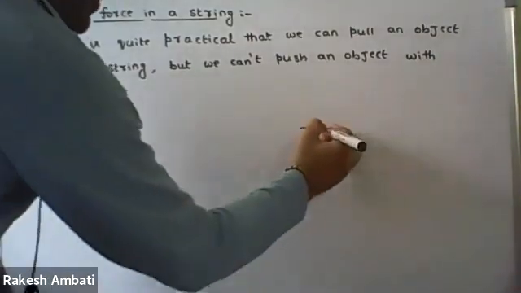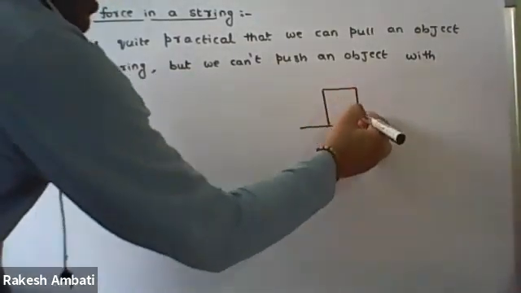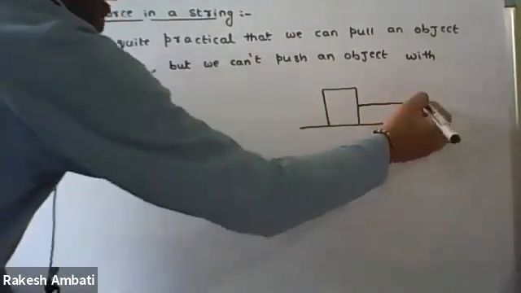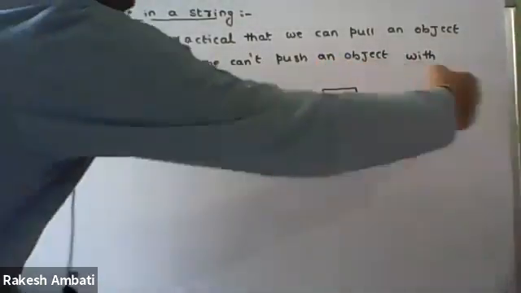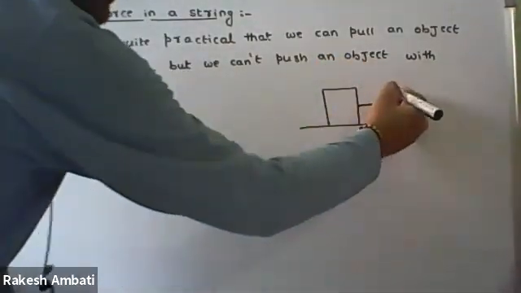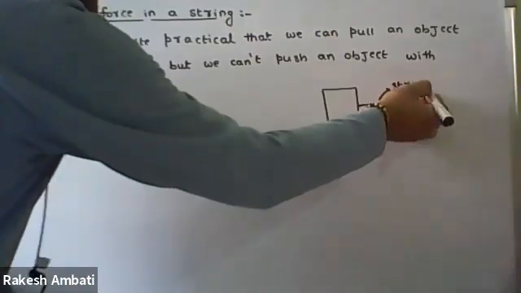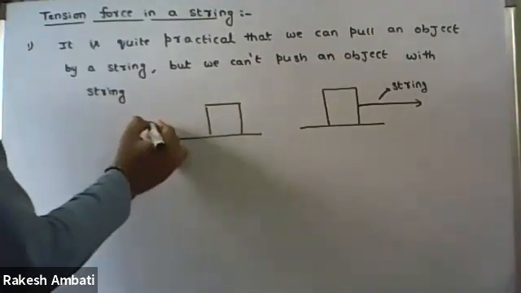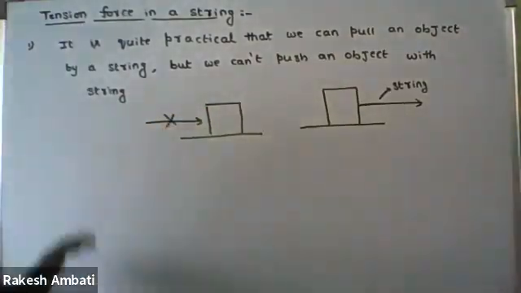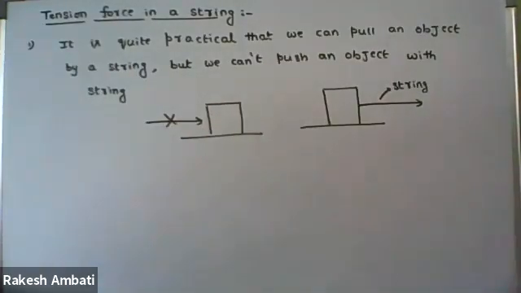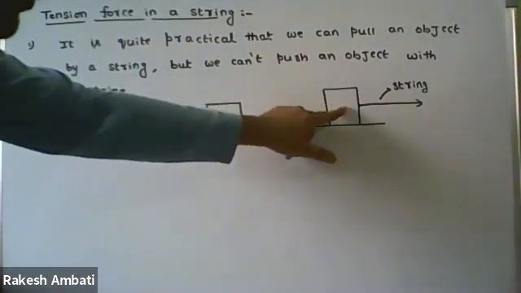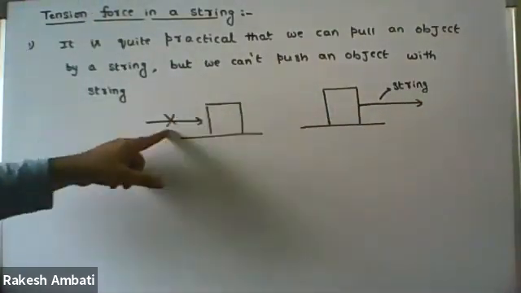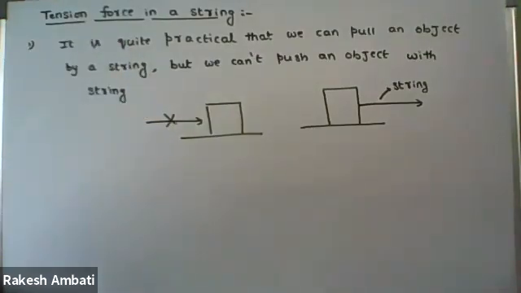For example, we have an object. This object can be pulled with the help of a string. But this object cannot be pushed with the help of the string. An object can be pulled with the help of a string, but pushing an object with the help of a string is not possible.